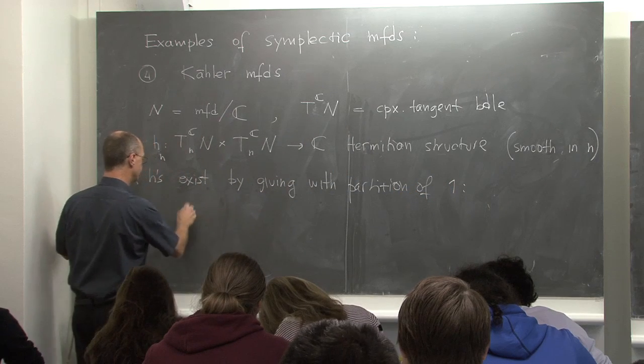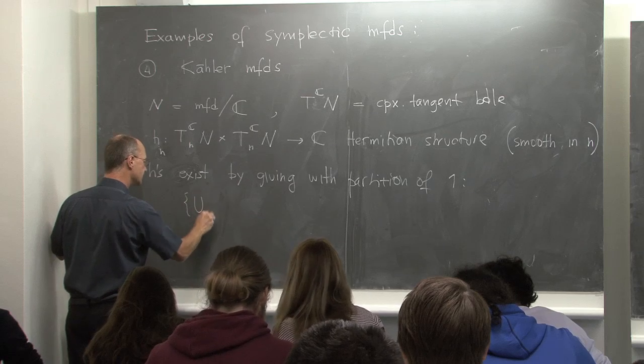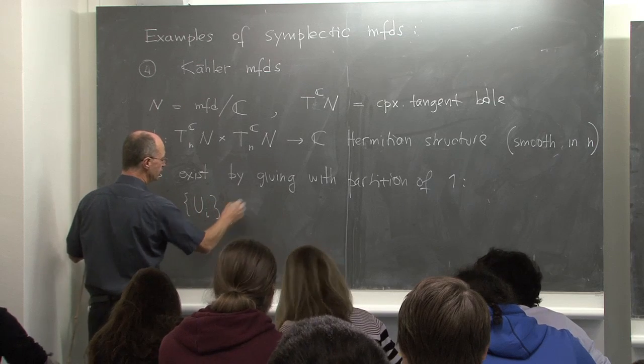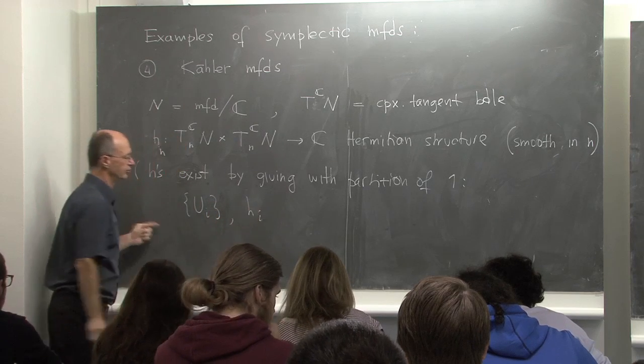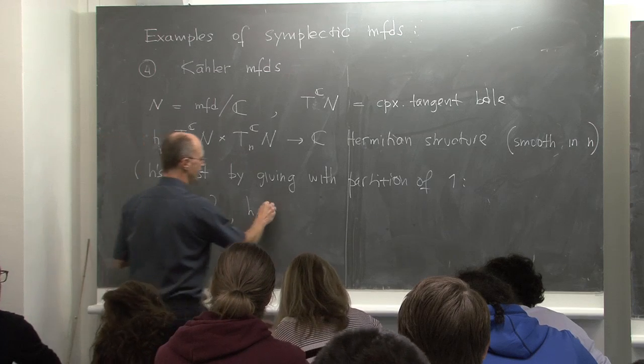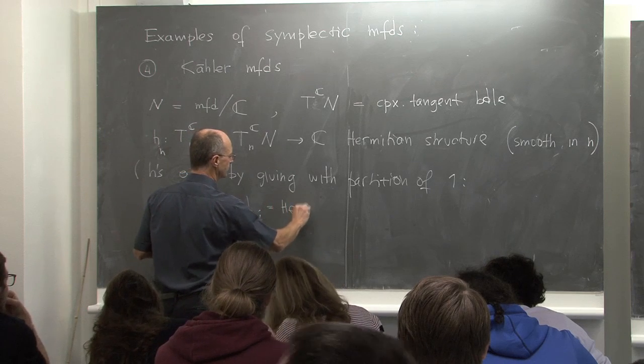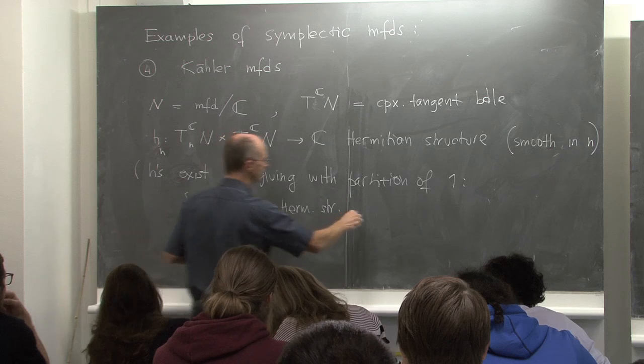If you have charts, so you have an atlas U_i, and in each chart you can, of course, define H_i, a Hermitian structure.